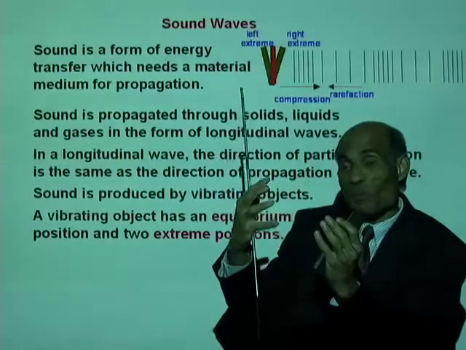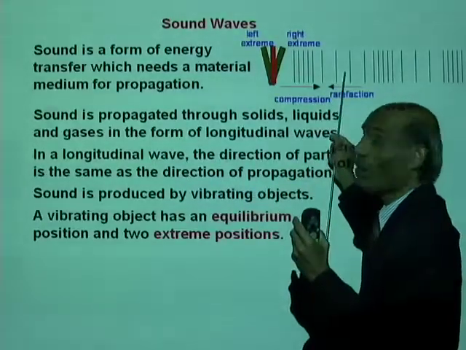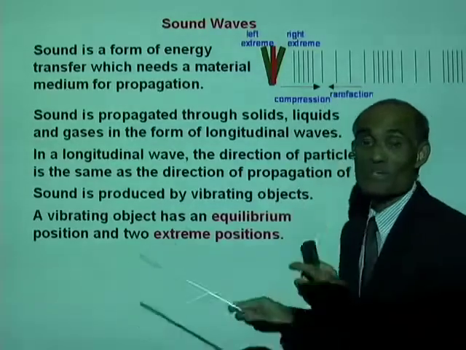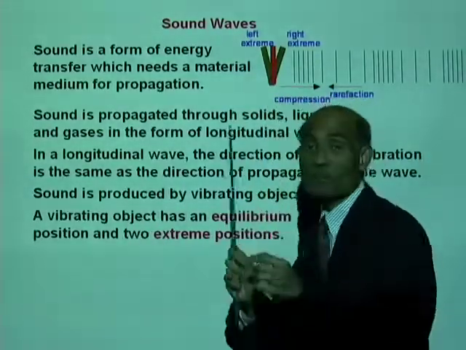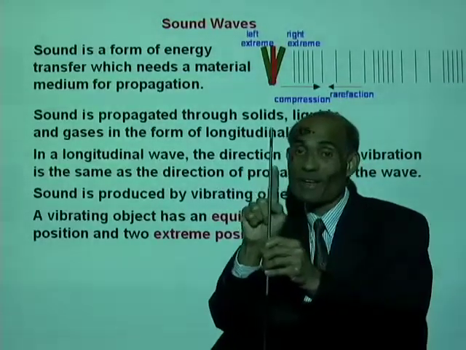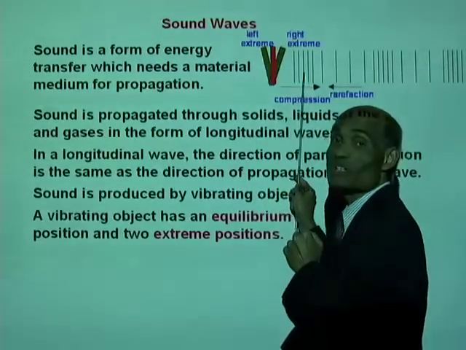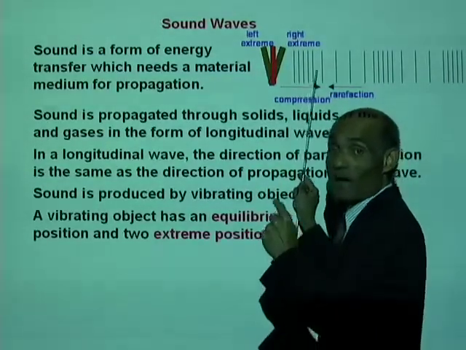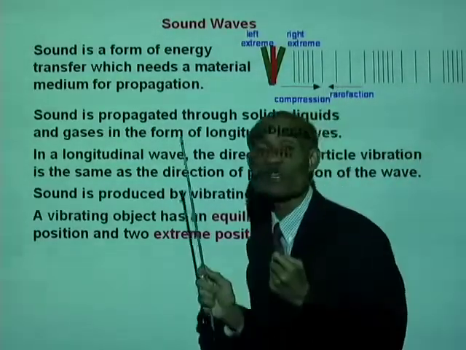That means the particles will vibrate back, and that is a region of rarefaction. So, take note of this. A particle vibrating forward is in a region of compression, and a particle vibrating backward is in a region of rarefaction.